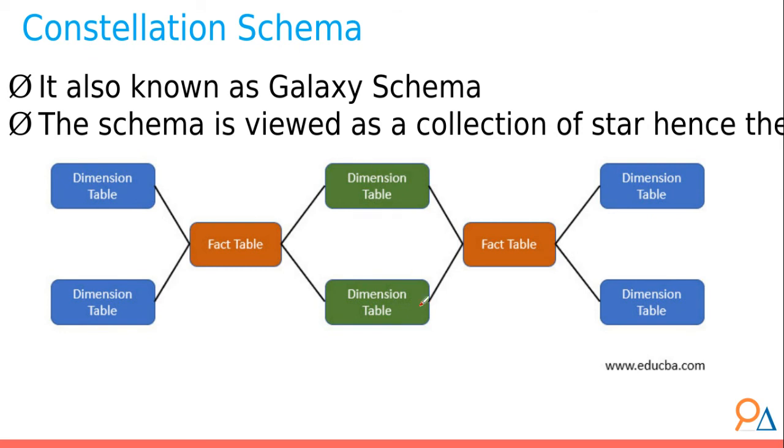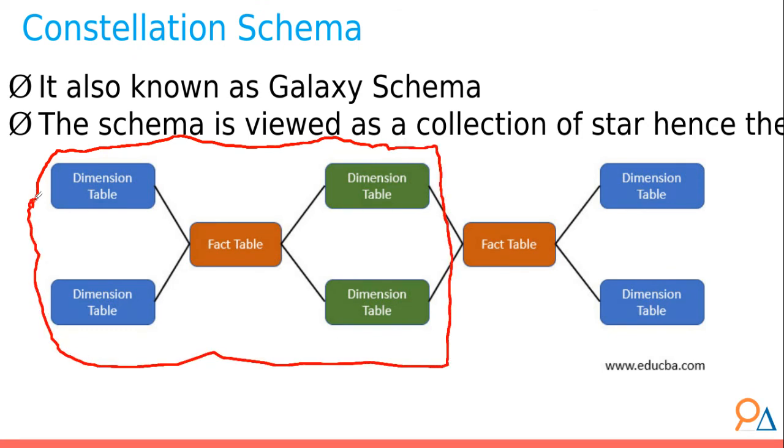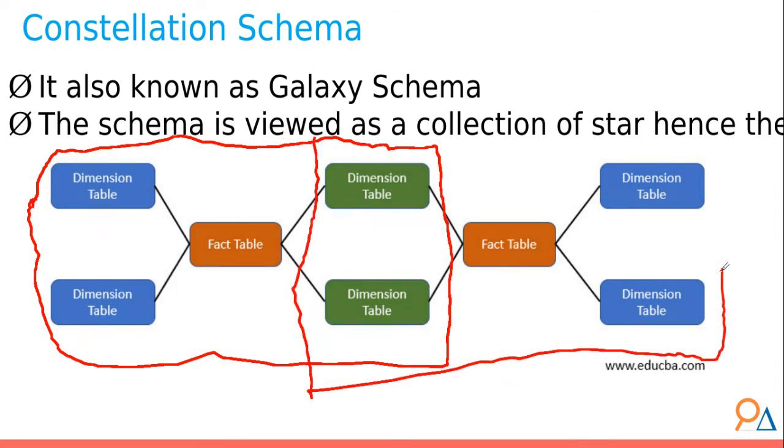So we can say this one, I'm going to draw right here, like this. This one will be a star schema, and next, this again to this side will be another star schema.